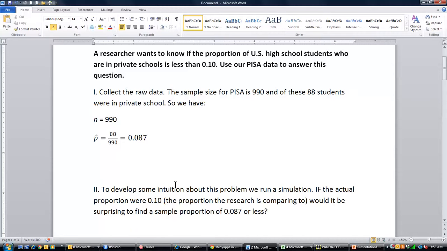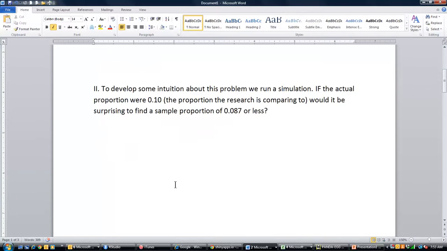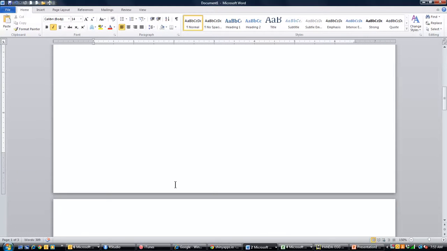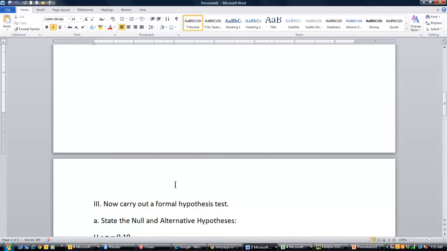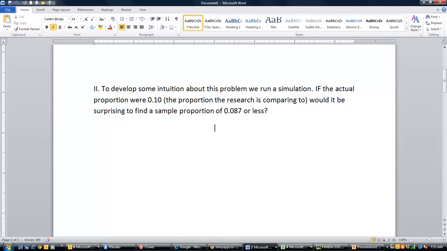No, not that surprising. Now we carry out a formal hypothesis test. So this was just to give us some intuition, and it says, okay, it wouldn't be all that unusual to find a sample proportion this low if the population proportion were 0.10.